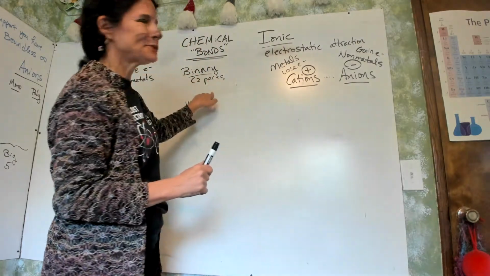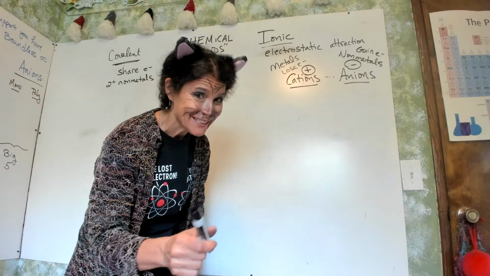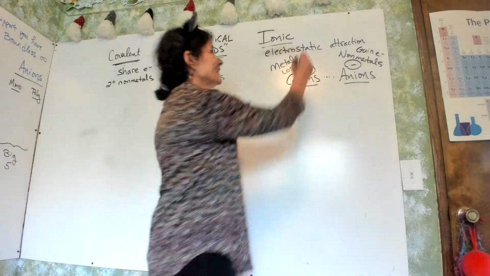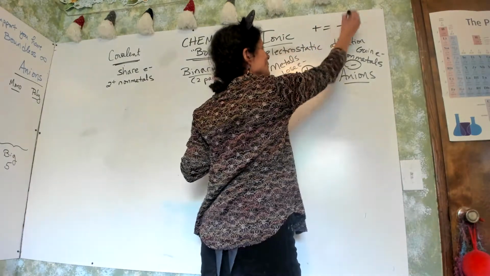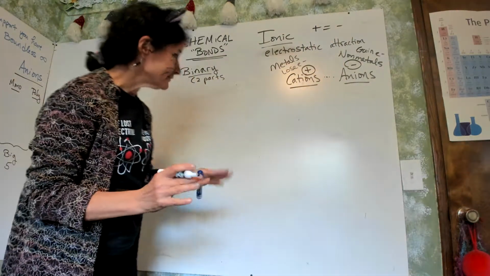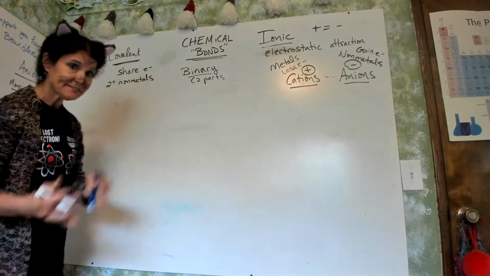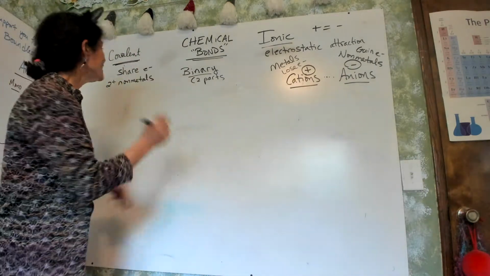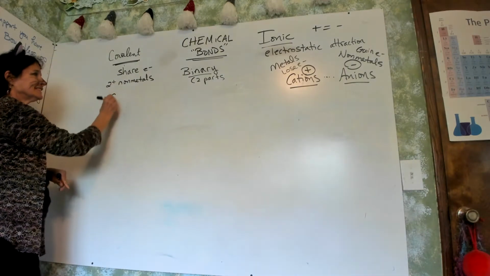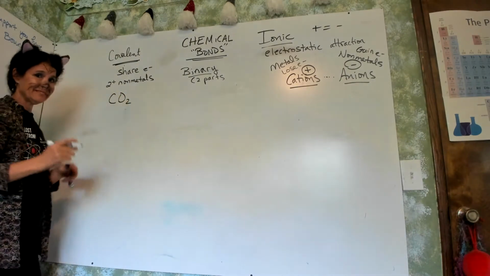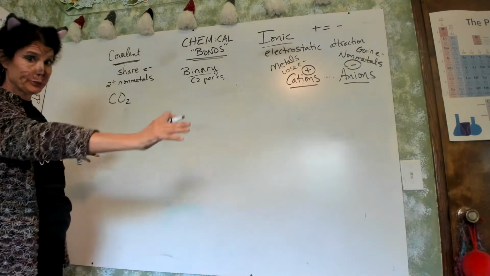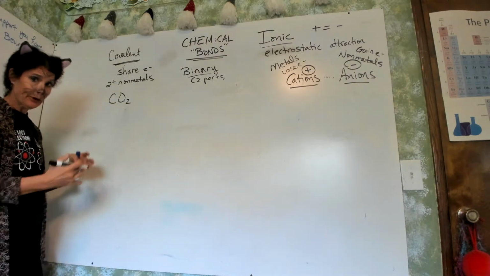So there's going to be two parts. In the real world, there's actually many, many parts. But in ionic, the positive has to equal the negative. They cancel out. In covalent, they have to share. It's all about becoming like a noble gas. So, you know these. CO2. The carbon and oxygen, this is what we get to next after we go through naming, is we're going to see how they share.